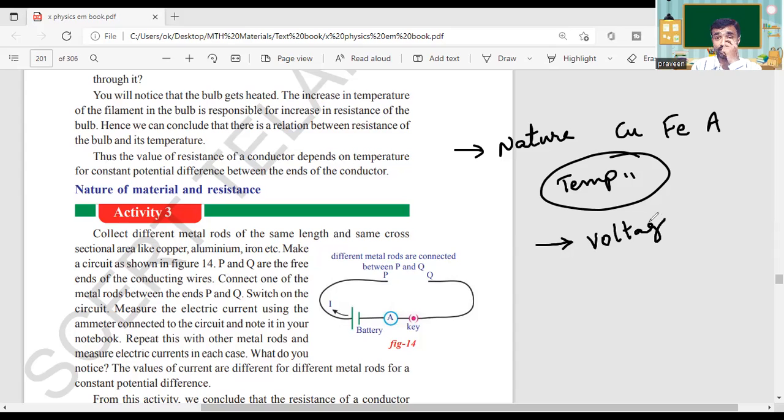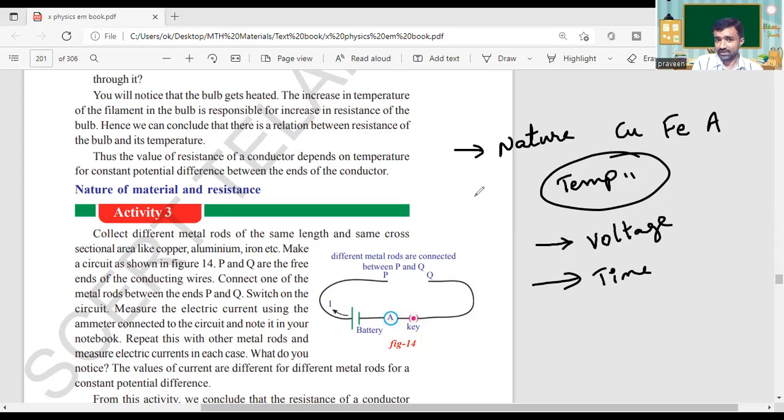Voltage remains constant, and the surroundings and weather conditions I will also maintain the same at a particular time. Room temperature changes with sunlight, so the duration you need to maintain the same. Time means not a fixed time, but duration. So you need to give importance to these.